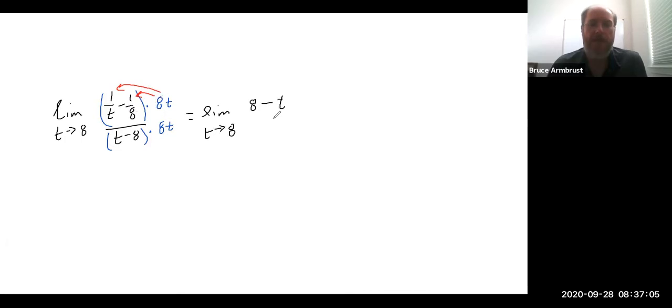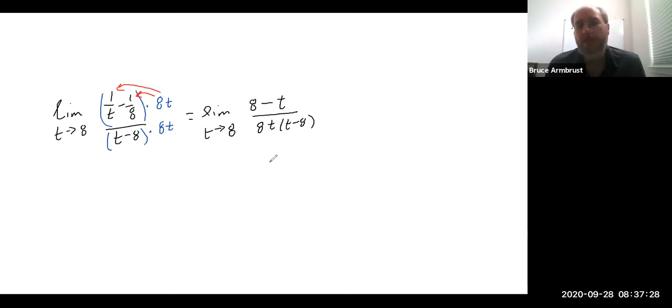So I've got 8 minus t. On the bottom, I still have 8t times t minus 8. This is a great trick because now I don't have fractions inside of my fraction, and that makes me a lot happier. I imagine it does the same for you.